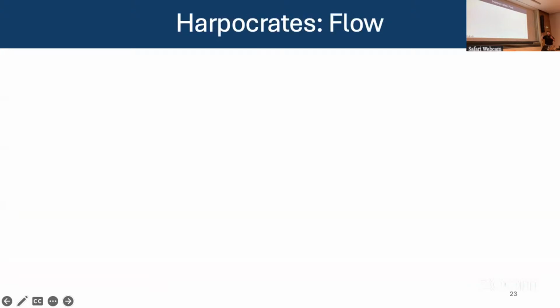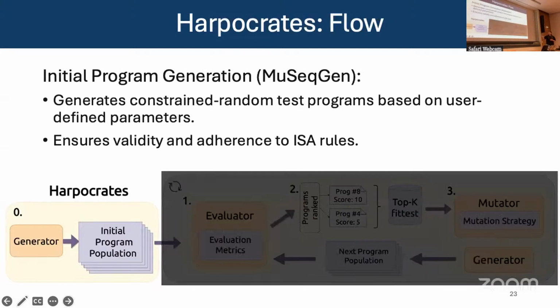And now taking a detailed look at the flow of Harpocrates. Again, first, Harpocrates utilizes the MuSecGen engine for both mutator and generator. It generates the initial set of programs and ensures adherence to the target ISA rules.